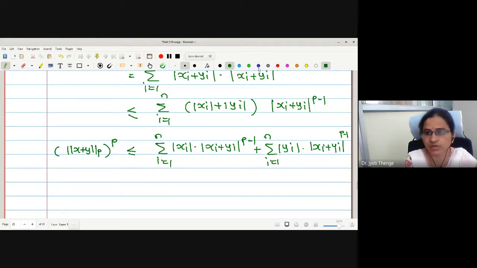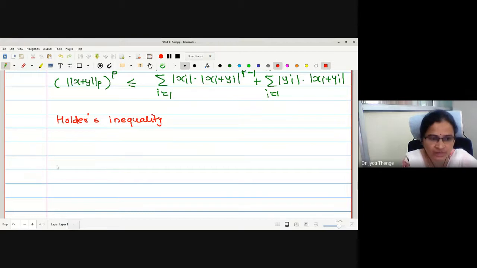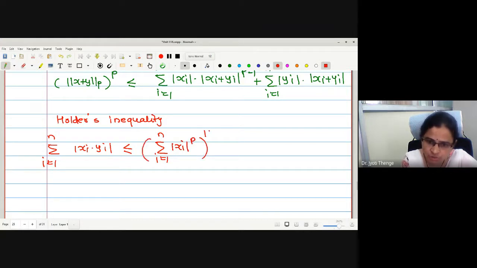Okay. Now here let me use Holder's inequality. For the sake of convenience, let me rewrite Holder's inequality. The norm is defined the same way. I will write directly summation i equals 1 to n |xi yi| is less than or equal to the first term, summation i equals 1 to n |xi| raised to p, raised to 1 by p.